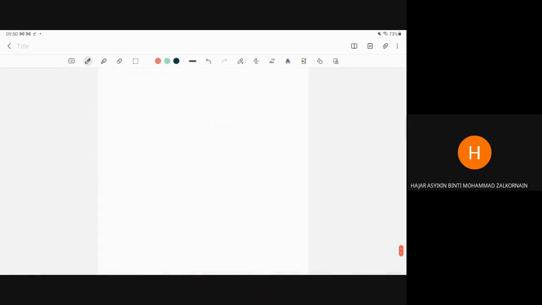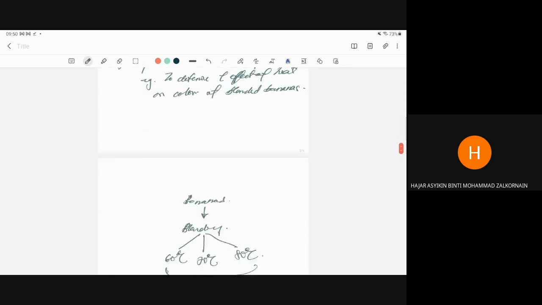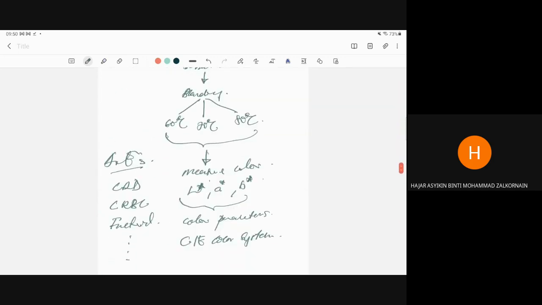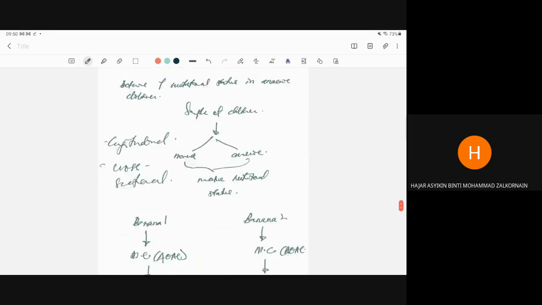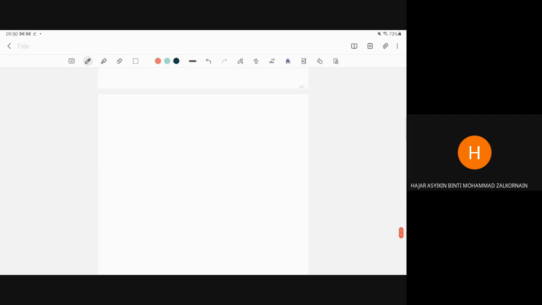Then, going back to our example here, we blanch at 60, 70, and 80. So now we have 60 degrees C, 70 degrees C, and 80 degrees C. Everything is the same: the type of banana, degree of maturity, the dimensions of the samples.